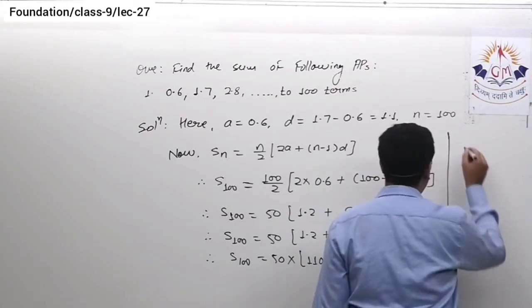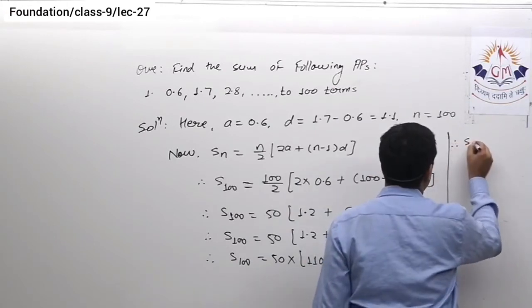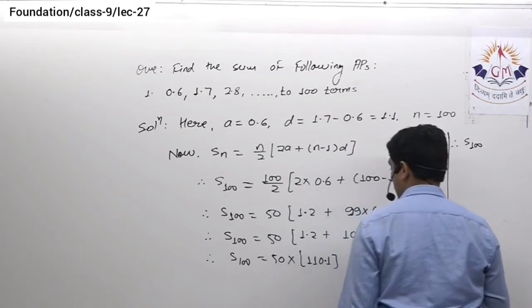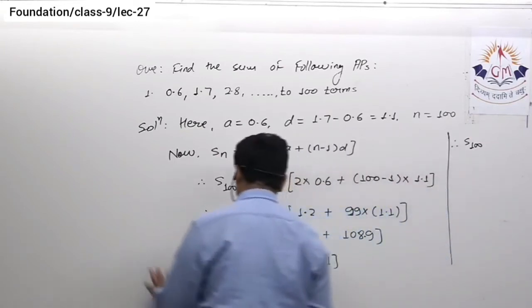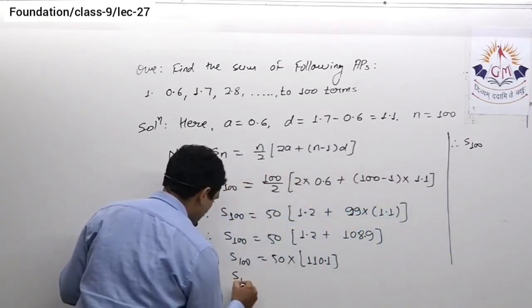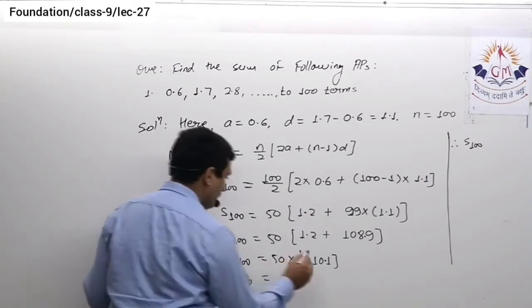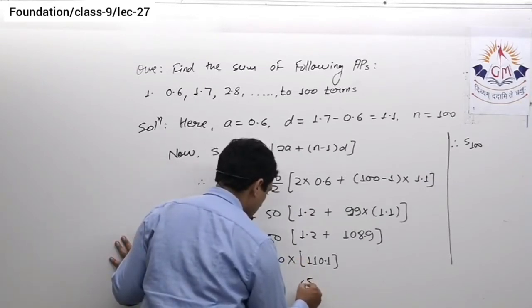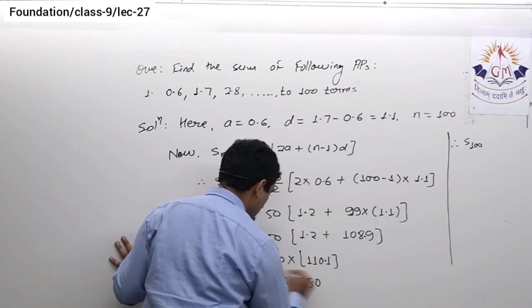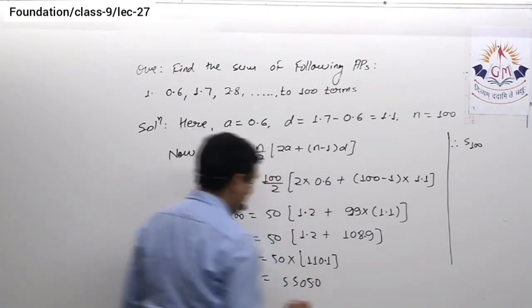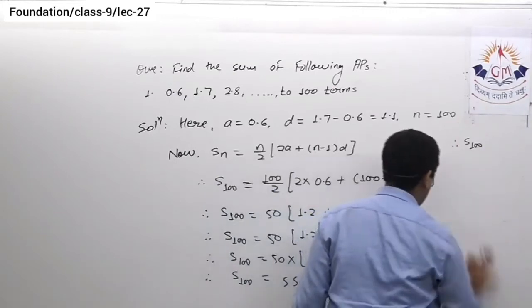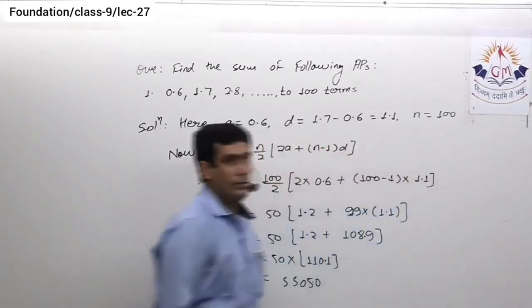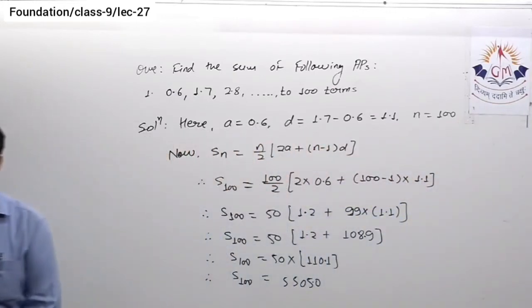Therefore S100 is equal to 50 into 110.1, that is 5505. That is the final answer. So please note it down, then we'll see the next question.